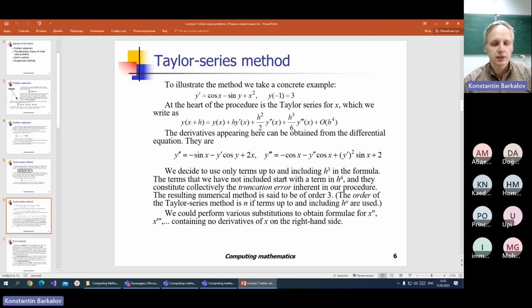This is a standard Taylor series that we use in many methods.